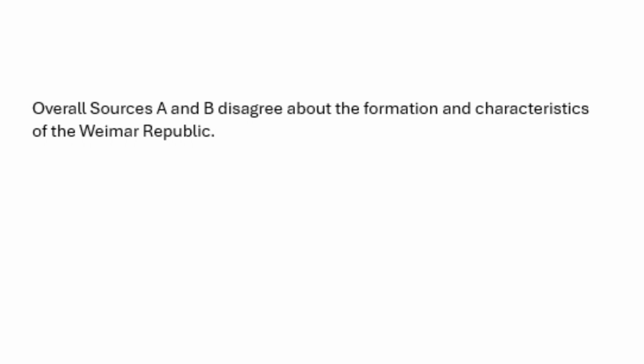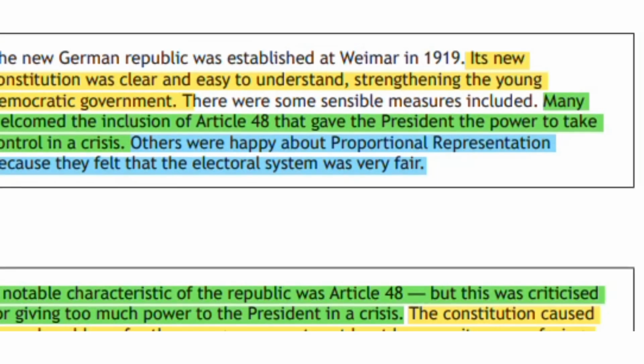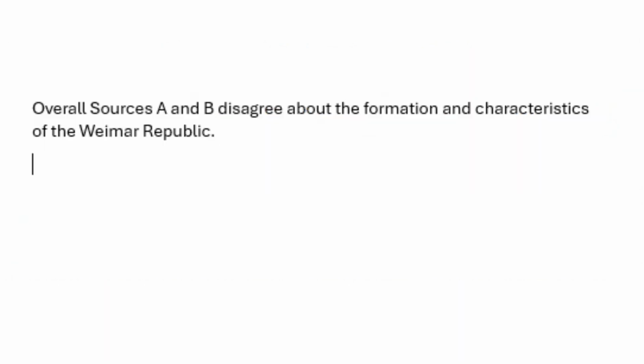What we're going to do next is try to make some developed comparisons. We're just going to look at what we've already highlighted. We can take the stuff we've highlighted in yellow or green or blue and include that in our answer.